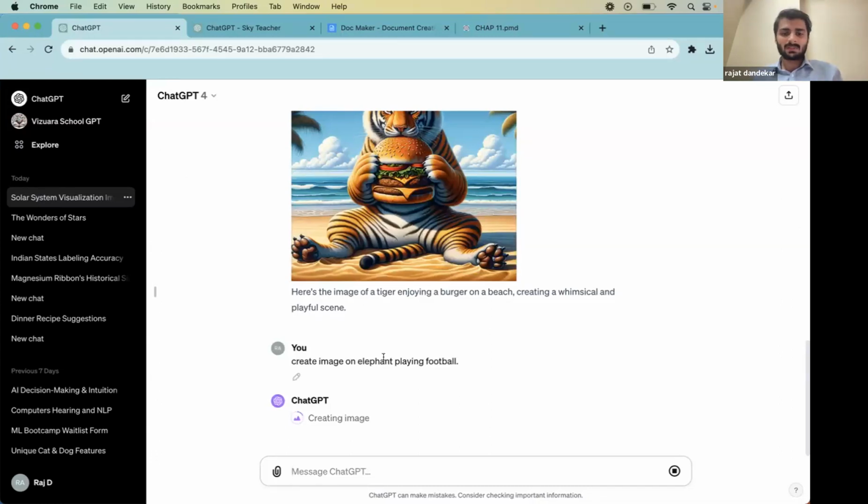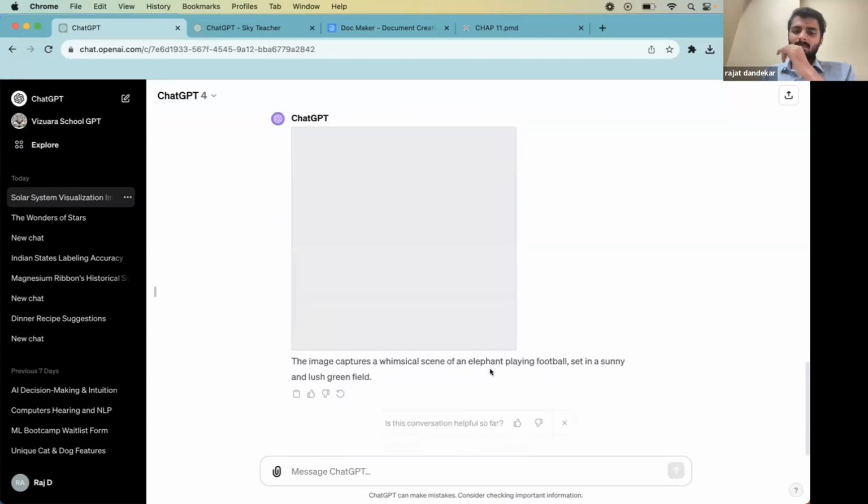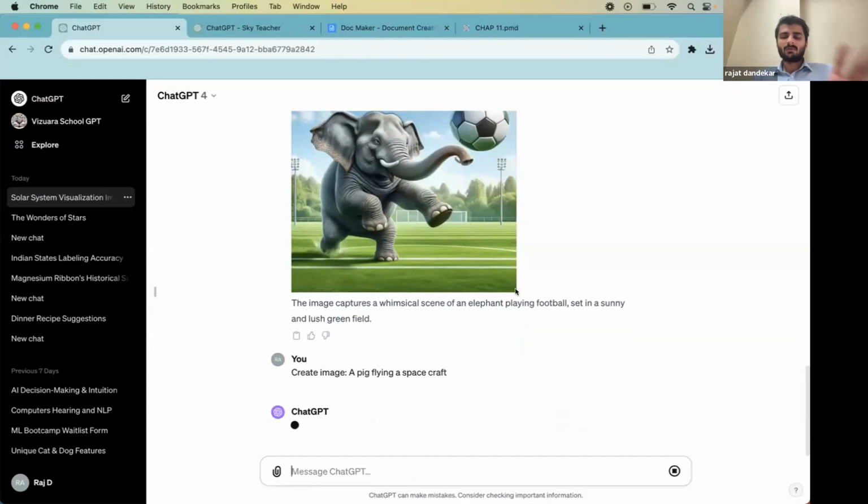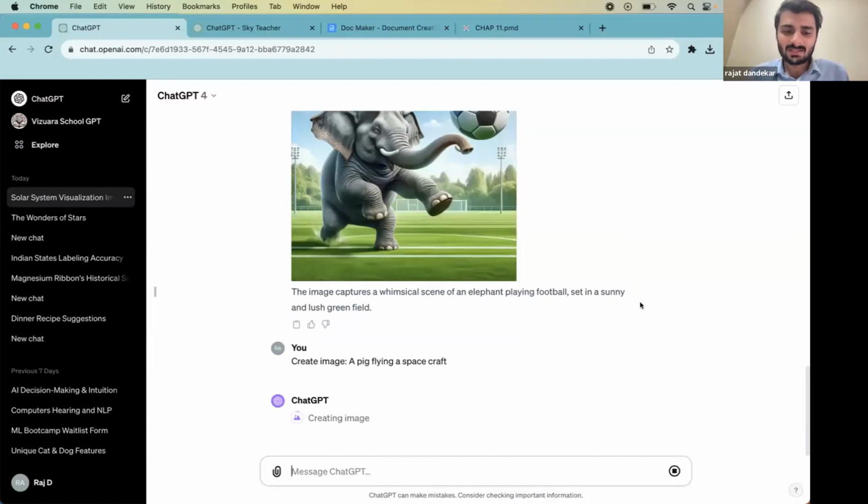Okay, let me try that as well. Okay, so you can see an elephant is playing football now. Pig flying. If anyone wants to suggest anything, just type in the chat.